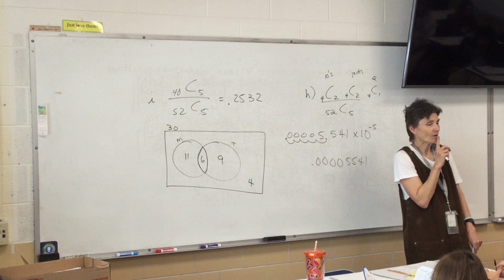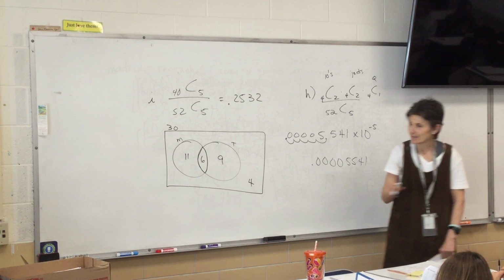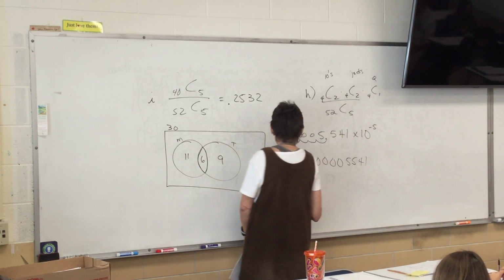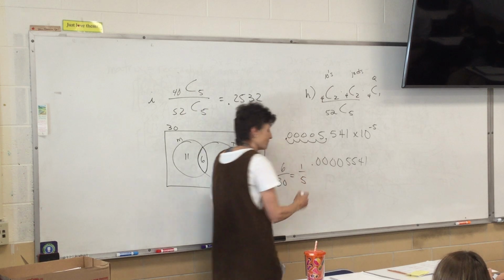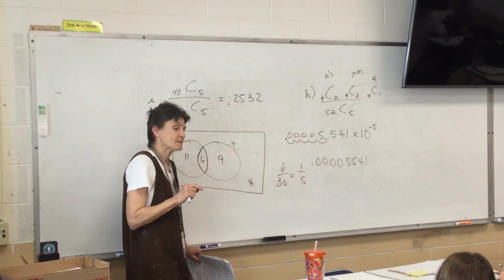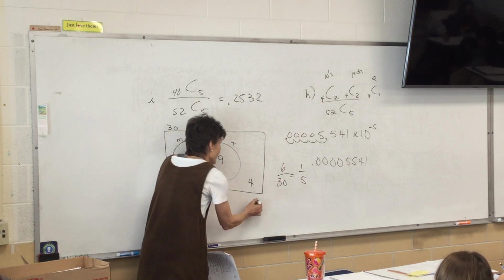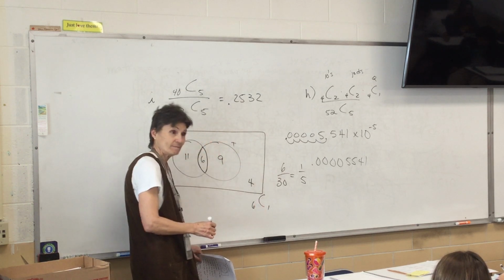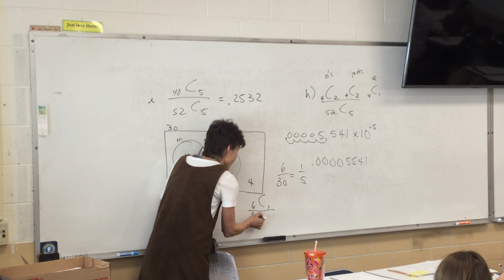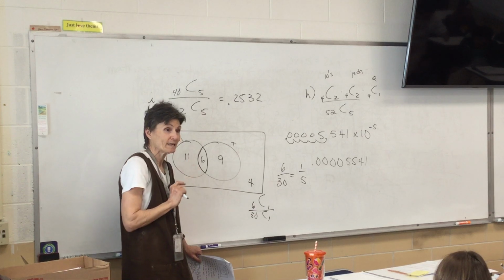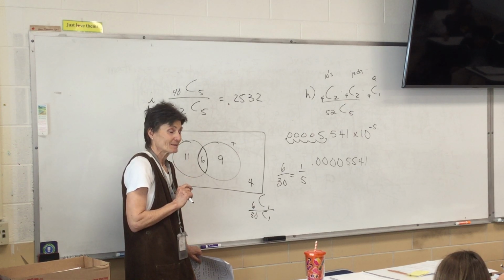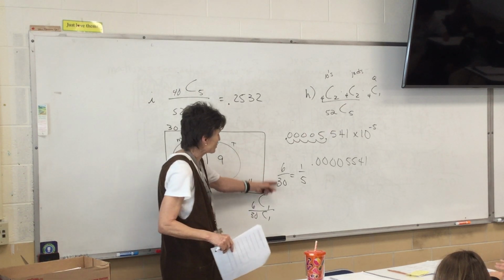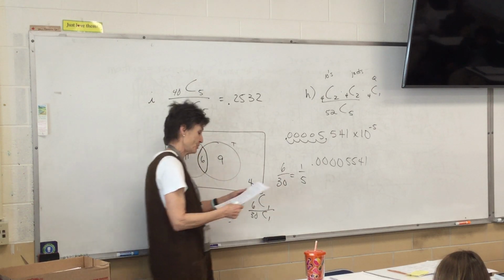How many kids are there altogether? 30. The answer would be 6 over 30 or 1/5. If you want to do it with C's, you can, but it would have to be 6C1 over 30C1, because you're only picking one kid, right? So I think it's easier just to do 6 over 30, but you could do that.